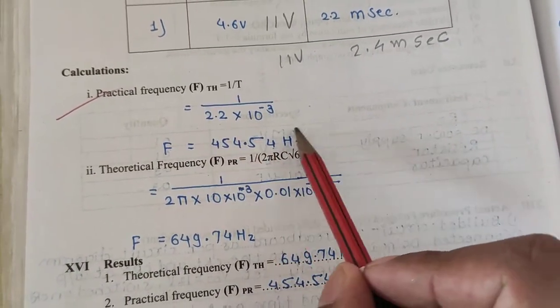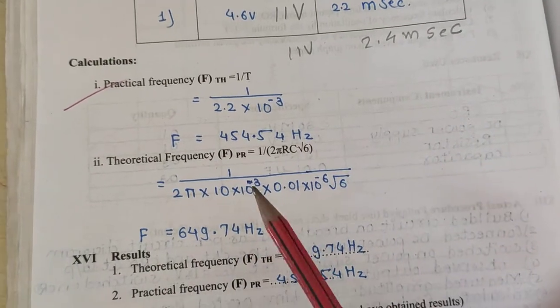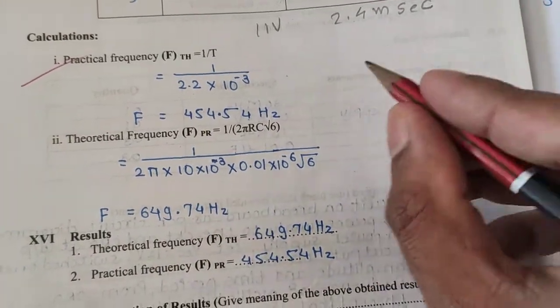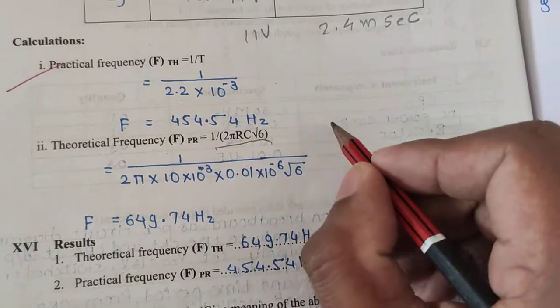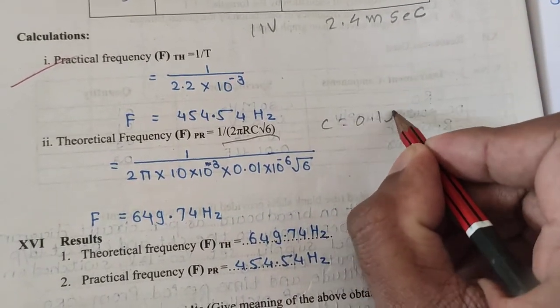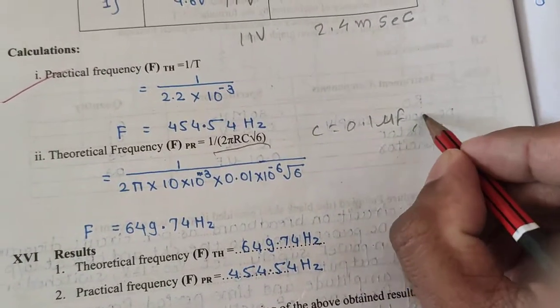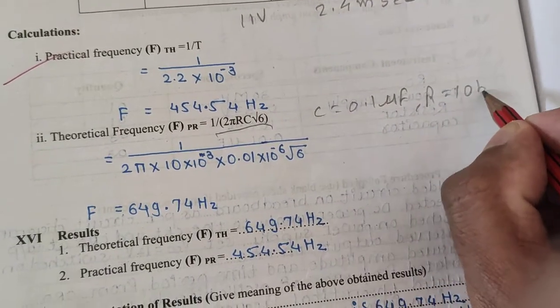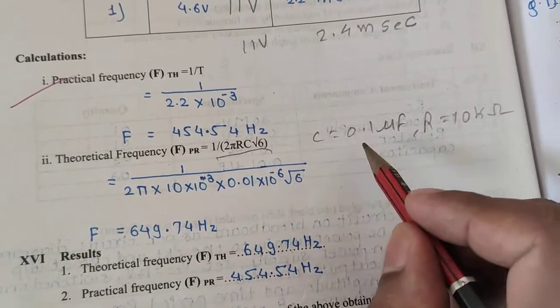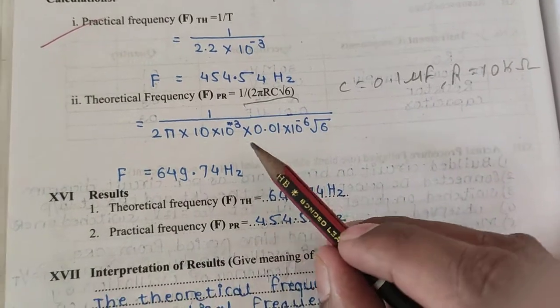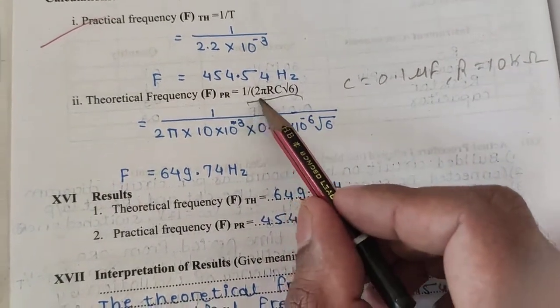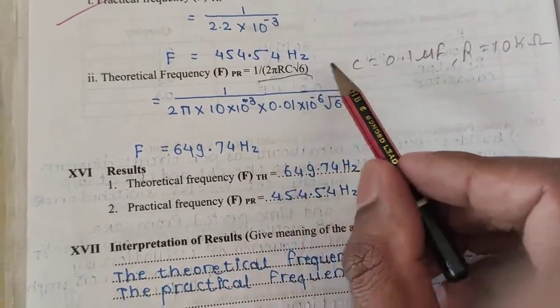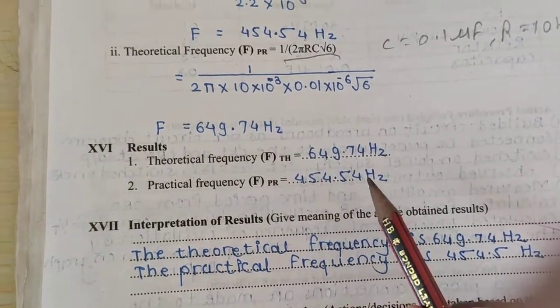This is the practical frequency. Then depending upon the values of capacitors, there is a formula. Our capacitor is 0.1 microfarad and resistor is 10 kilo ohm. Depending upon those values you have to calculate the theoretical frequency by putting all these values in this formula, and finally you have to write the results.